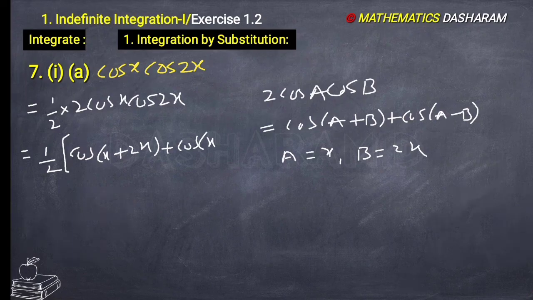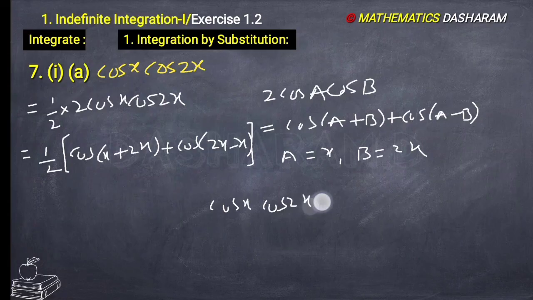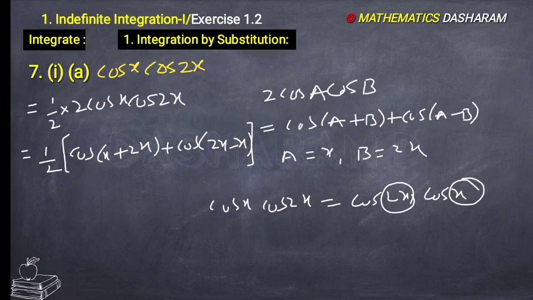So here x minus 2x can be written as 2x minus x. Both are same. Why? Because cos x into cos 2x can be written as cos 2x into cos x also. Now a value becomes 2x and b value is x.